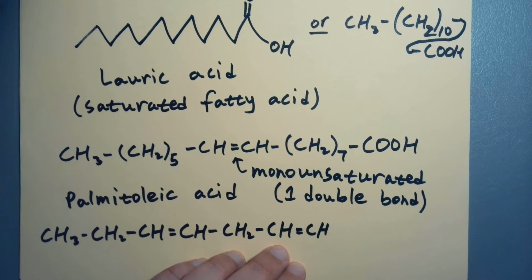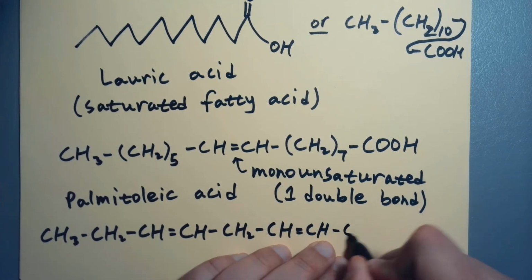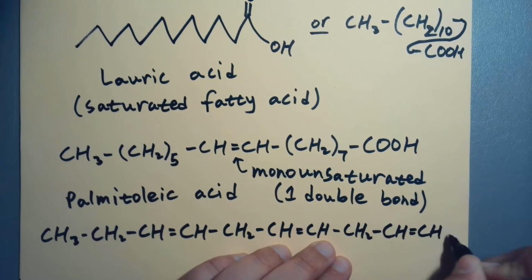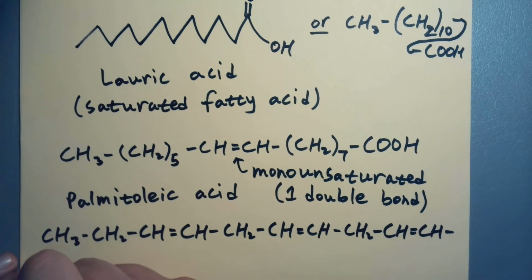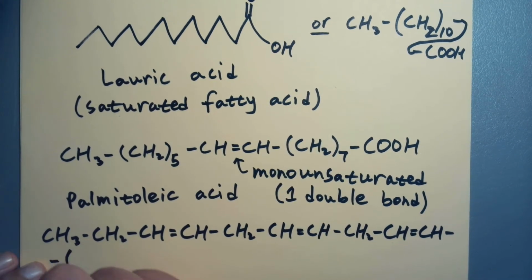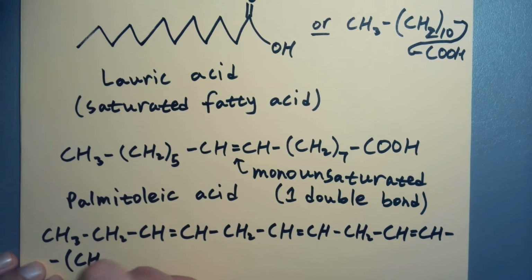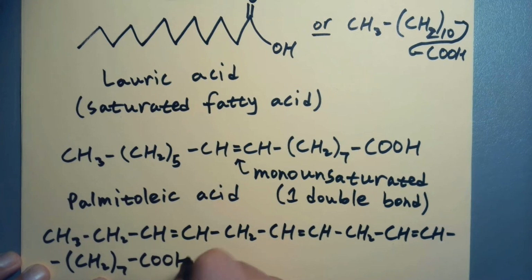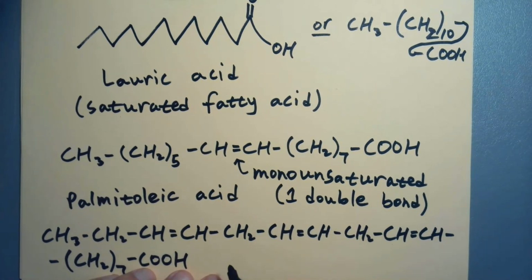So I'm going to have 3 double bonds in here. Man, I'm going to run out of space. CH2, it just keeps going. CH double bond CH, and then we're just going to keep going here. Now we have 7 CH2s and a COOH. And this is another popular one for supplements.